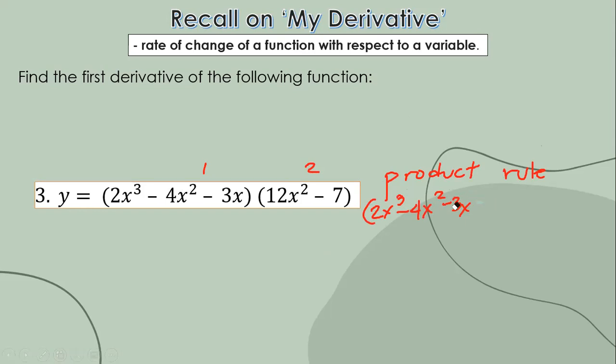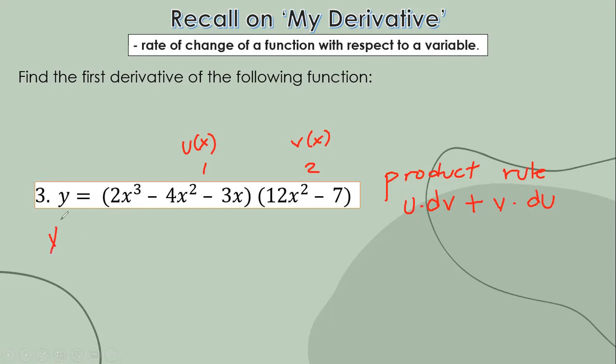So, summarize muna natin. For example, this is the function u, tapos ito yung v. So, u, kakopy lang natin yung function times the derivative of v plus ito naman sa pangalawang function, v times derivative of u. Okay, so that is the product rule.